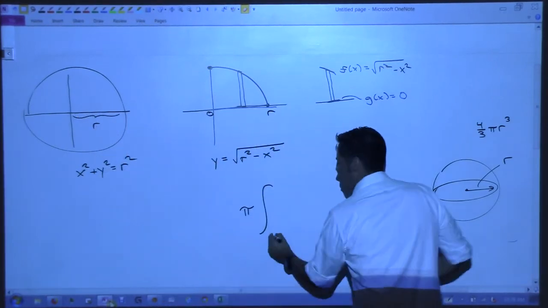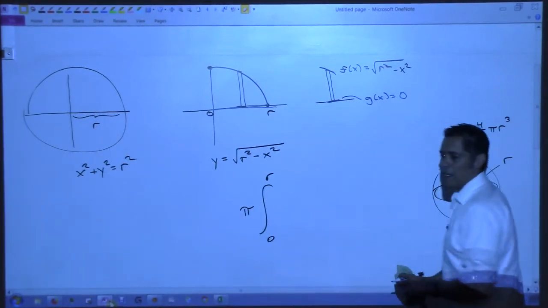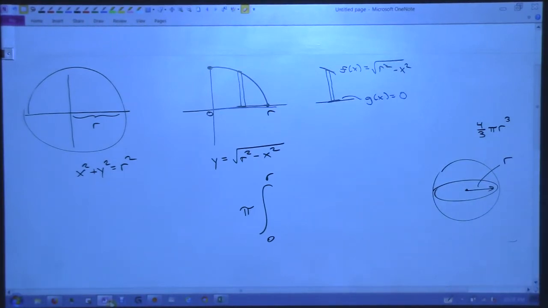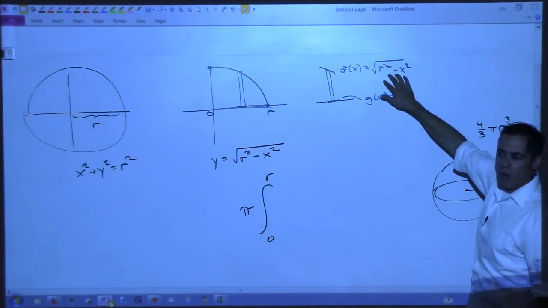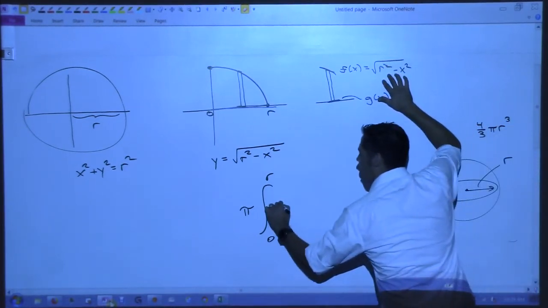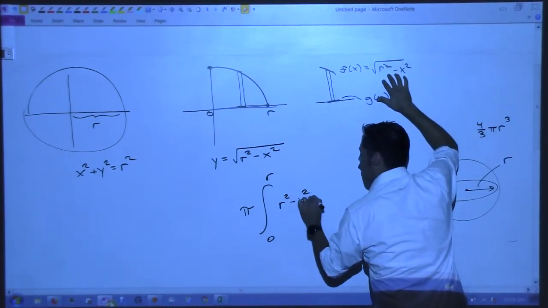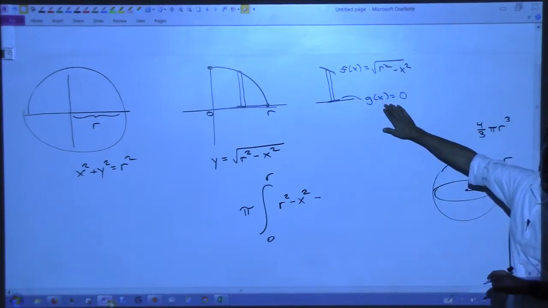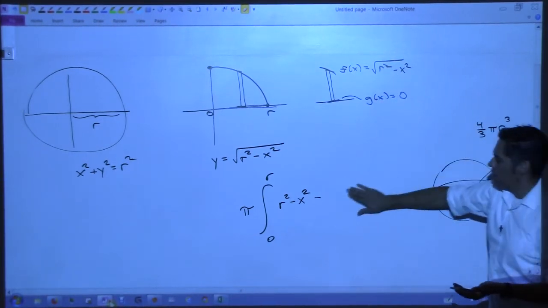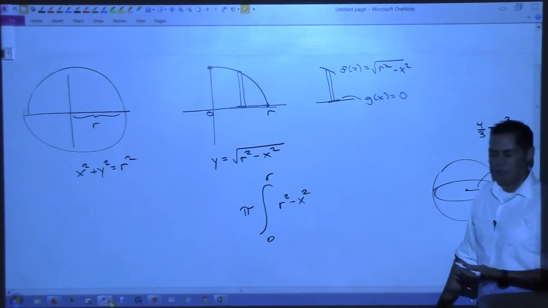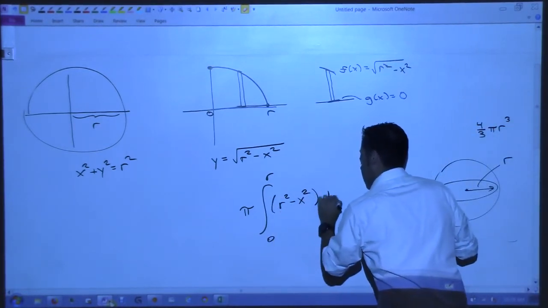So we're going to go from 0 to r. And what are we integrating? f squared, right? Beautiful. What is this squared? r squared minus x squared, minus this squared, 0, right? So that's all we're integrating, dx.